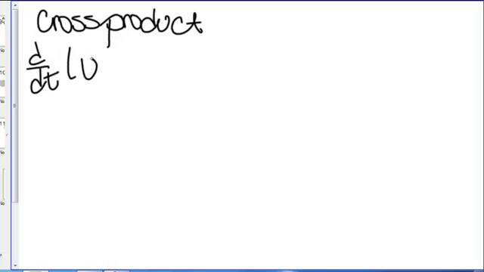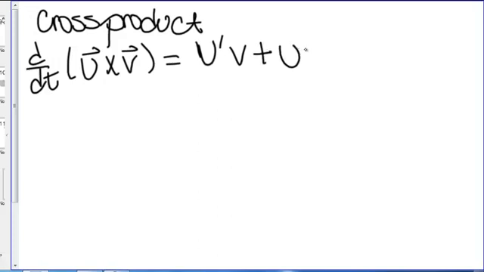Next, let's prove the cross product rule. So if we have the derivative of u cross v, we need that to equal u prime cross v plus u cross v prime.